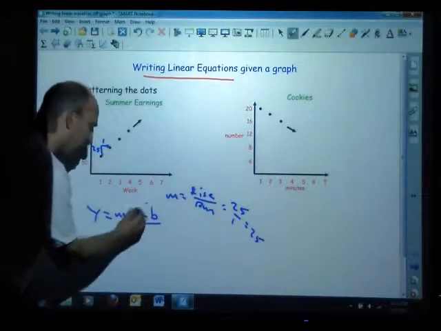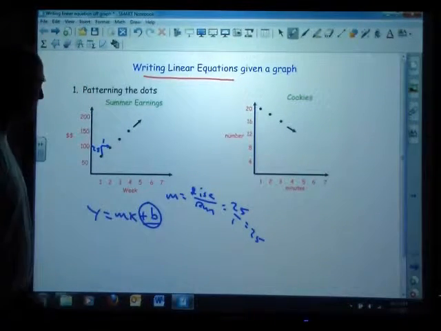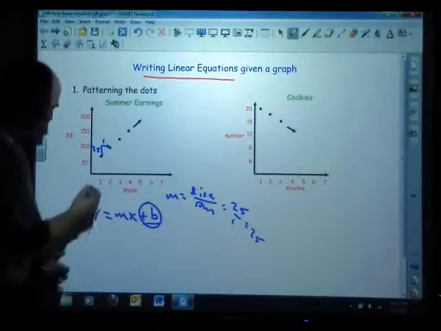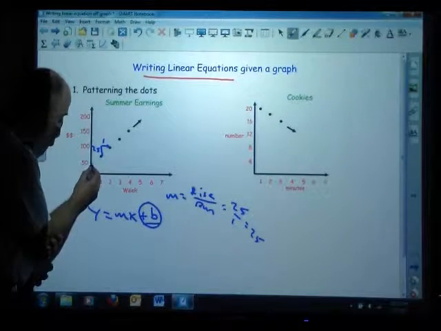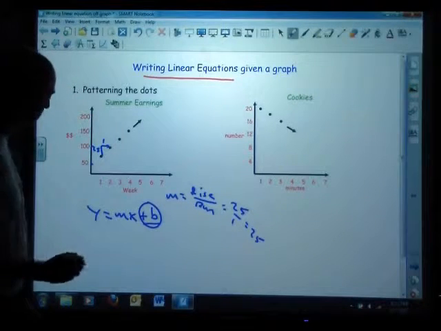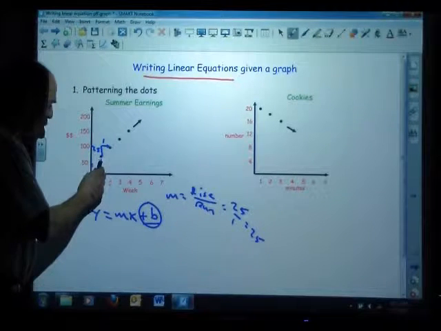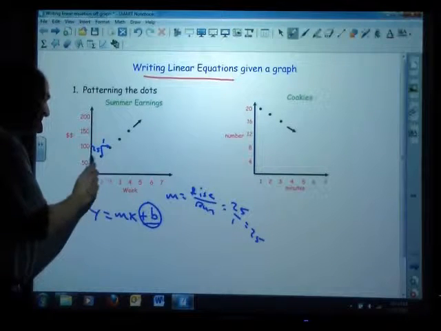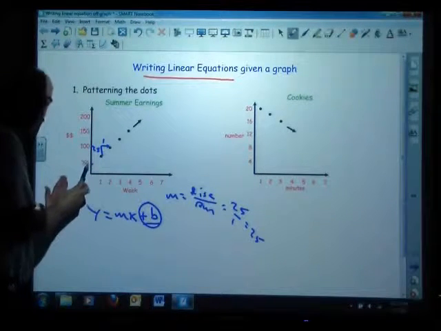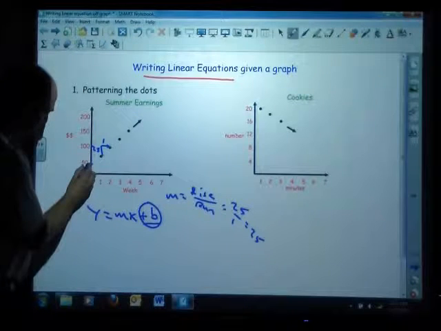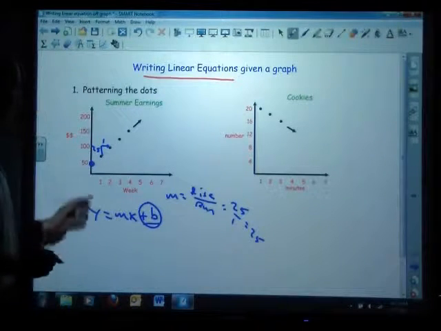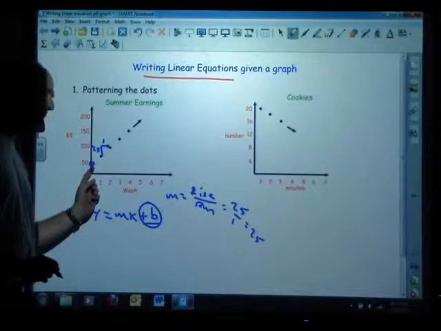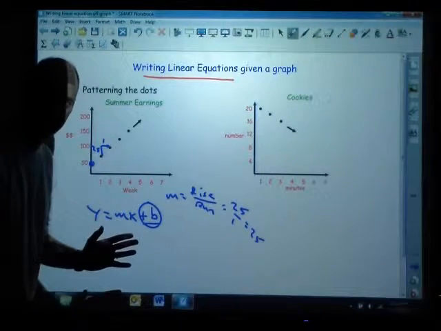Well, what about the y-intercept? Essentially, if you look at this visually, if we were going to go to the y-axis and say, where is this going to start? Well, we could just continue our pattern with the slope, and we'd be going back 25 as we go back to 0 weeks. So I'd like you to be able to see that if I take 25 off of 75, at the 0 week, he must have already had $50.